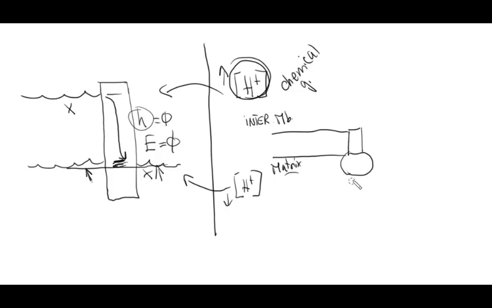So what we have here is a molecule that we call ATP synthase. The ATP synthase has the capacity to take ADP and transform it into ATP, and it does so by reacting with a phosphate. So it brings ADP and phosphate together in order to create this very important molecule.